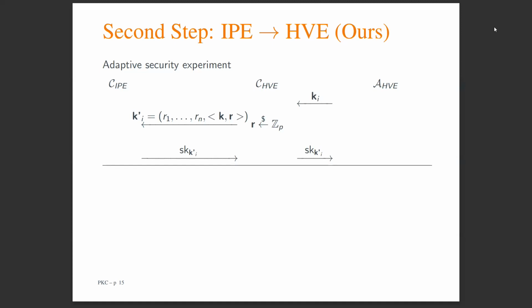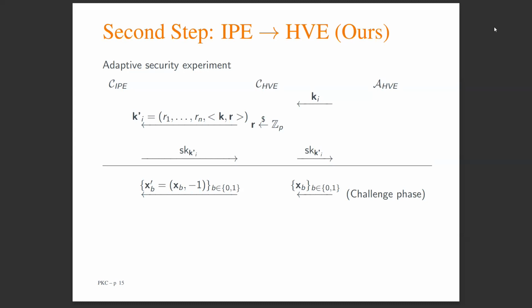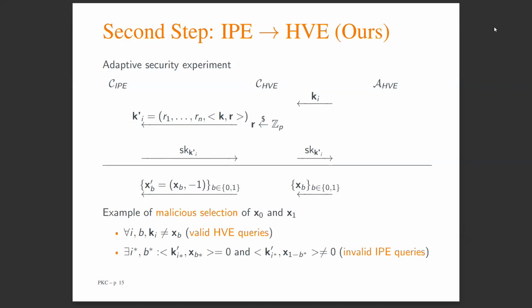So theoretically, an adversary could choose the two challenges in such a way that none of the secret keys match these challenges. So it would be valid queries in the hidden vector experiment, but these challenges would yield different inner products, which will be considered invalid in the inner product experiment.